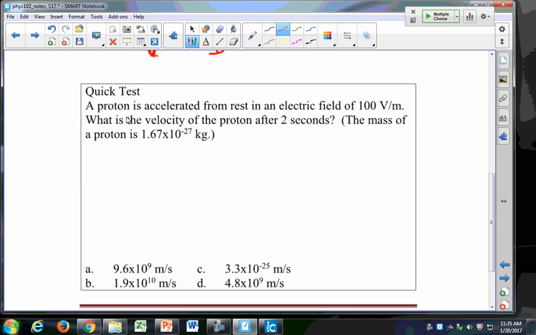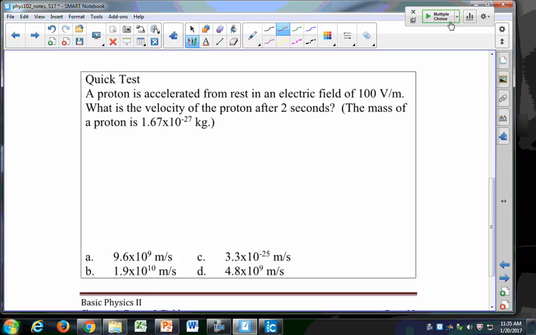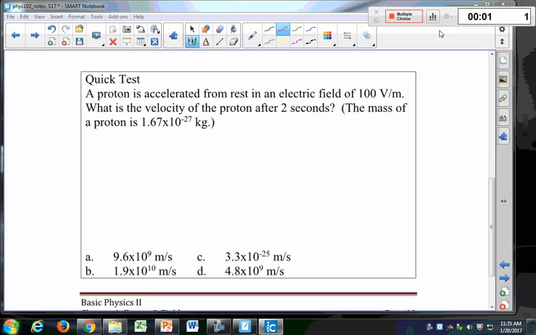All right, let's try this clicker test question. It says a proton is accelerated from rest in an electric field of 100 volts per meter, or newtons per coulomb. Remember that's the same. What is the velocity of the proton after 2 seconds? Now, I have a couple things going on. The force is q times E, the charge times the electric field, and then we also know Newton's second law.